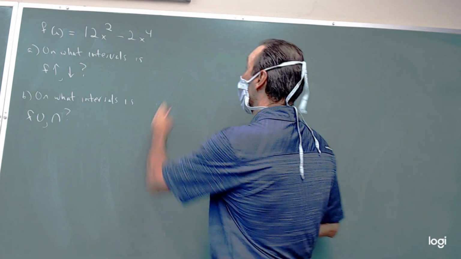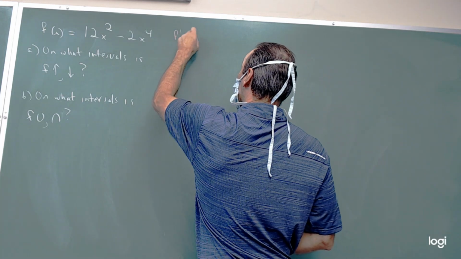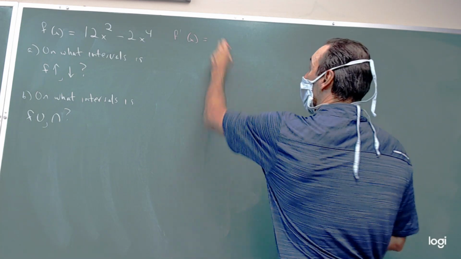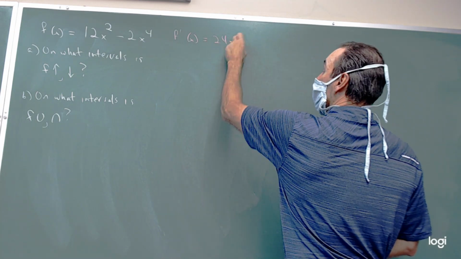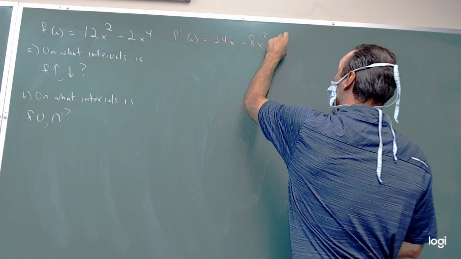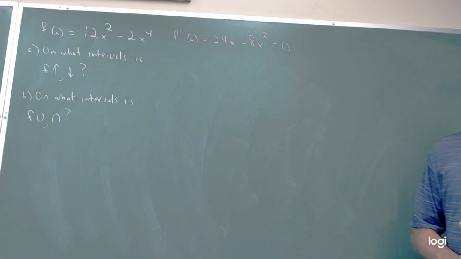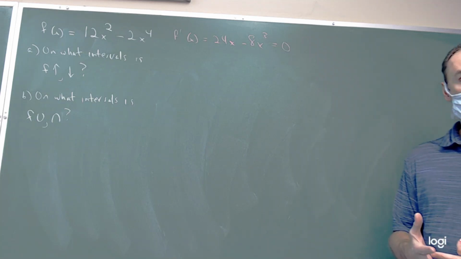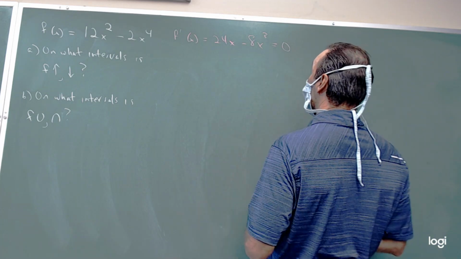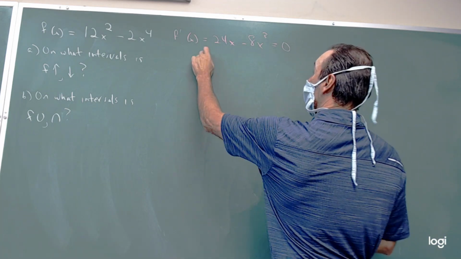Okay, so the derivative, f prime of x, is going to be 24x minus 8x to the third. So we want to set that equal to 0, and we're going to find out where the derivative is equal to 0. Well, let's see. We've got a common factor of 8x.